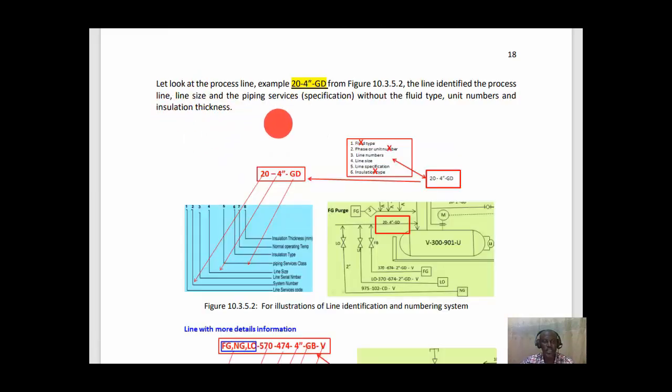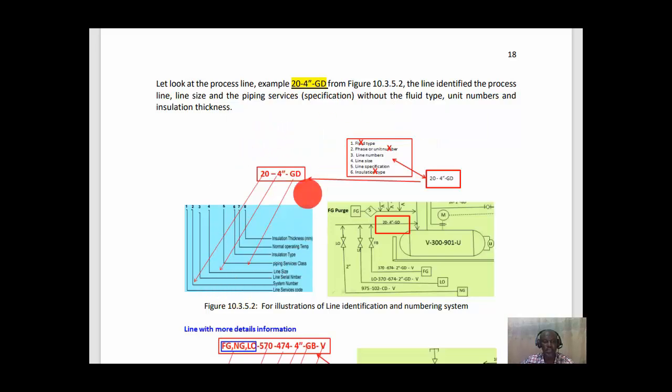Let's look at the process line example 20-4 inch-GD from figure 10.3.5.2. The line identifies the process line size and piping service specification without the flow type, unit number, and installation type.